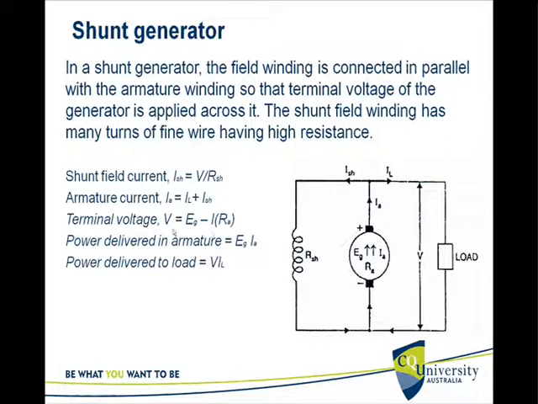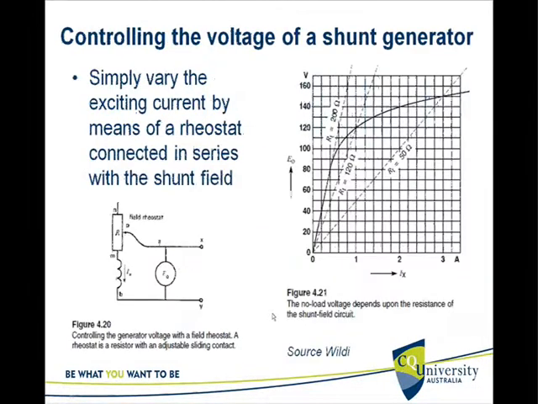Terminal voltage V again is the induced EMF minus the armature current times the armature resistance, and the power delivered in the armature again is Eg times Ia. Power delivered to the load is V times IL, but you should remember the fact that there is another current component out of this Ia going towards the field winding.